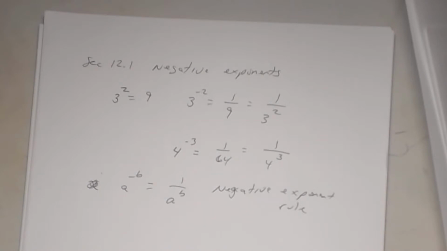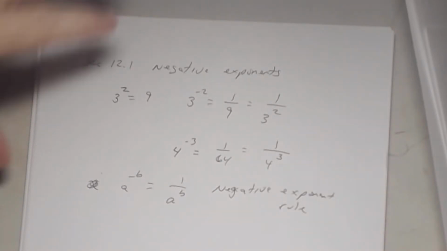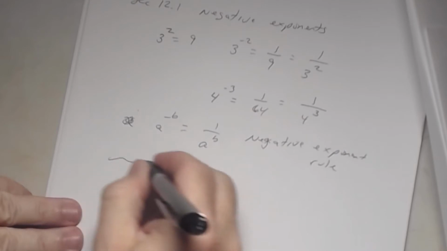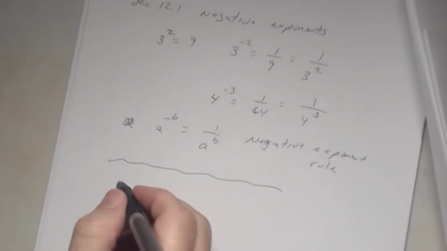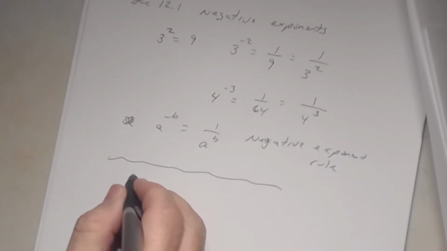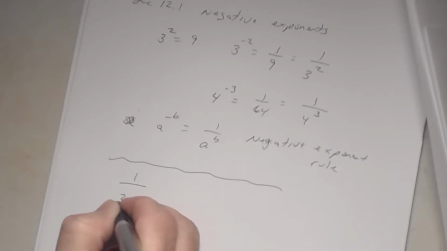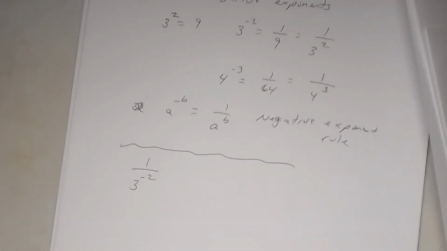Now, let's look at this. Suppose you had 1 over 3 to the negative second power. What do you think that equals to?